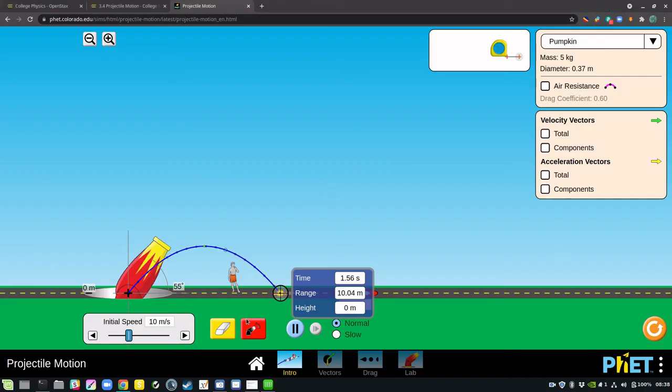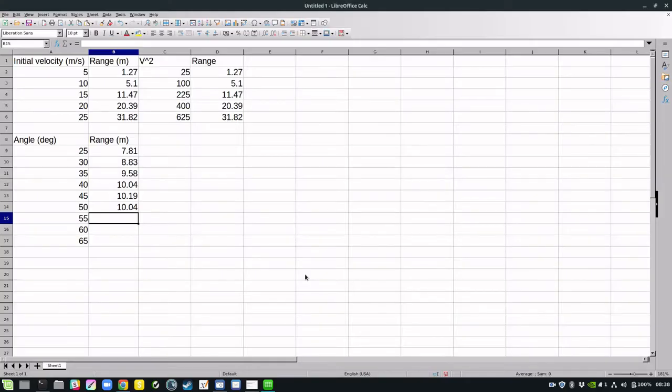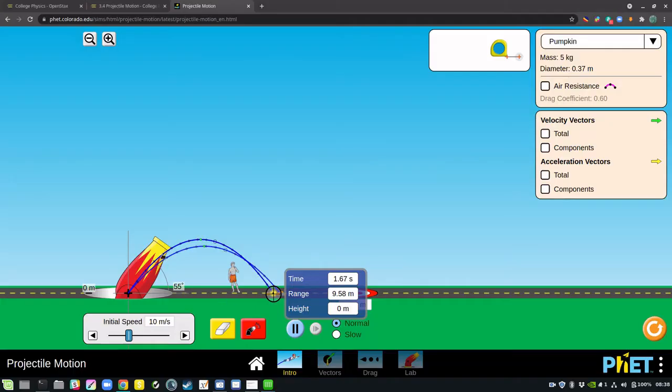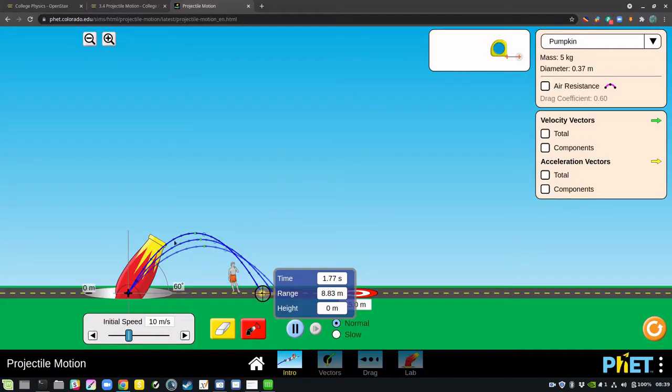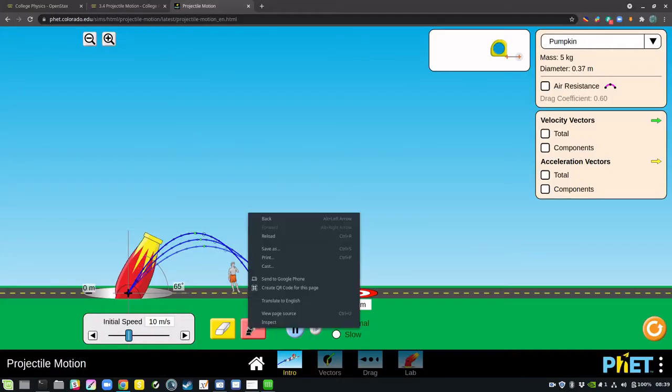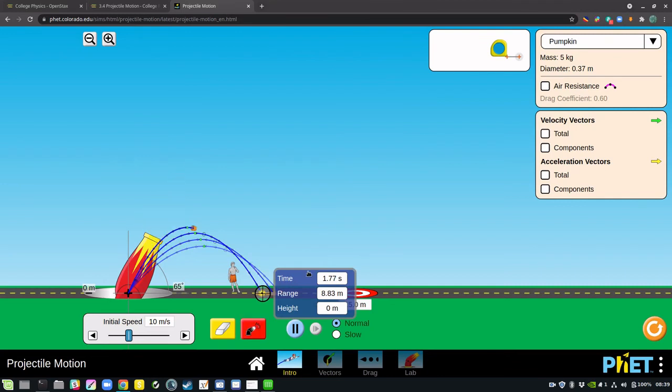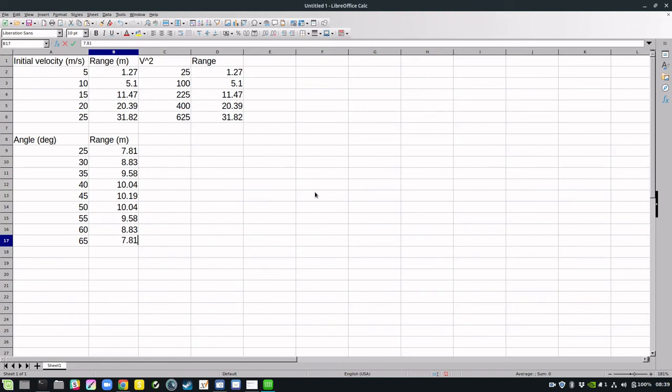And then 55, 9.58. 60 fire, getting smaller ranges now, 8.83. 65 degrees fire, 7.81. So it's now time to graph this.